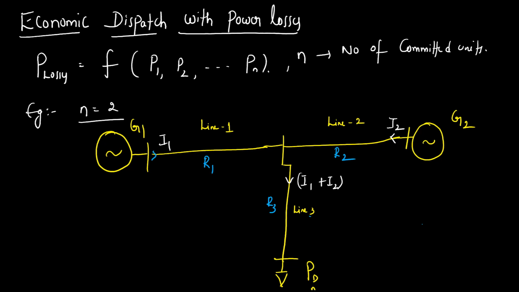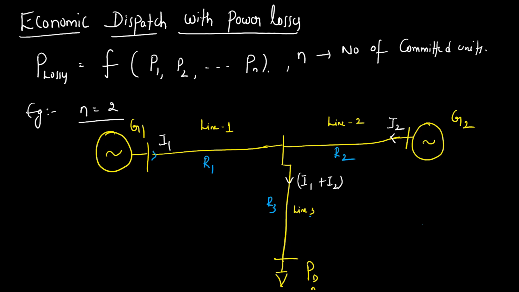I have considered two generating stations connected by the transmission lines as shown in the figure. The current supplied by generator 1 is I1, current supplied by generator 2 is I2, and the resistance of line 1 is R1, resistance of line 2 is R2, and the resistance of transmission line 3 is R3, which is carrying a total current of I1 and I2 to meet the load.